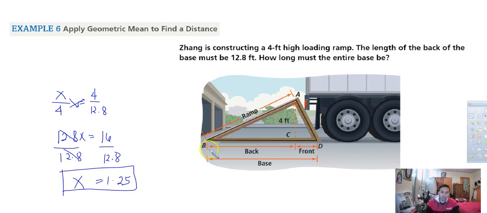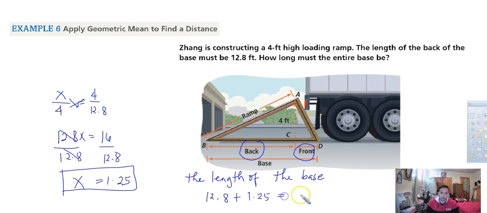So the length of the base would be, when we add the front and the back, which is 12.8 plus 1.25, which is equal to 14.05 feet. Okay, so the base of the ramp should be 14.05 feet long.